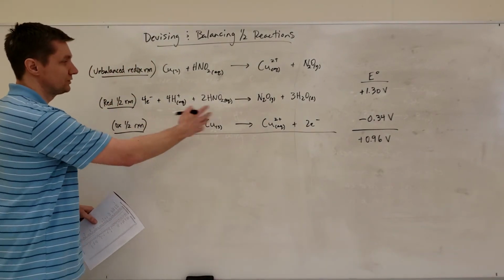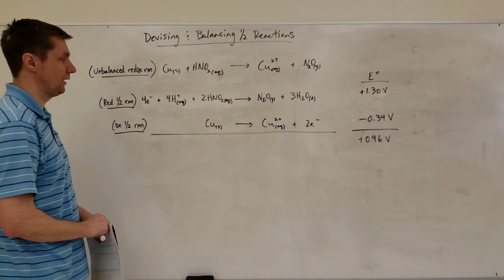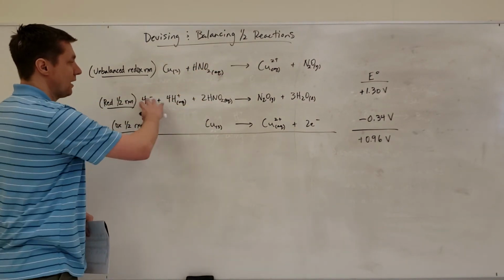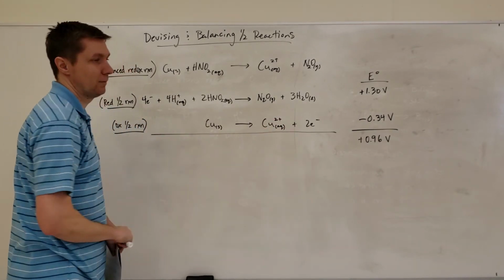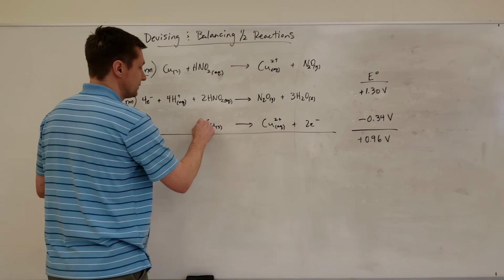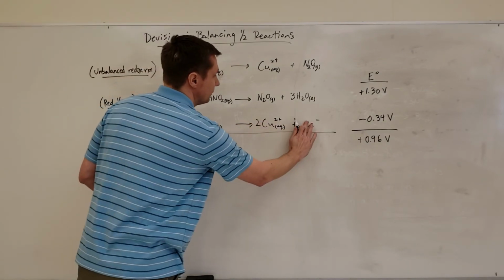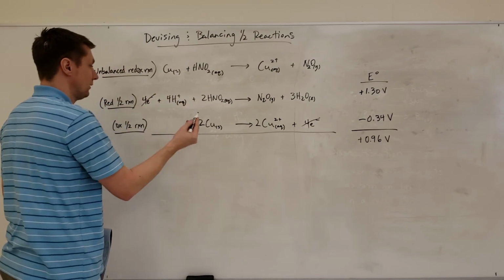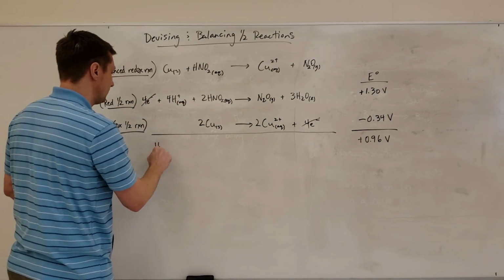So if I were to finish out balancing this unbalanced redox reaction that I started with, I write out my reduction half reaction, and I write out my oxidation half reaction, and then I go ahead and I balance these electrons. So this is going to be a 2, a 2, and a 4. Then I can cancel these electrons out, and I write out my balanced reaction.